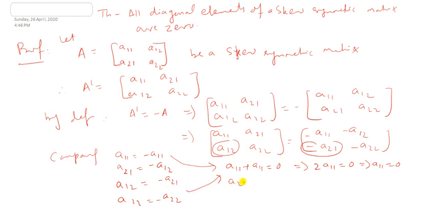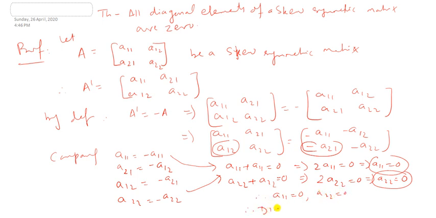Similarly, for A22 plus A22, if I take this one to this side, it will become equal to 0, so twice of A22 must be equal to 0, hence A22 is also equal to 0. So I am getting A11 is 0 and A22 is 0, therefore the diagonal elements are 0.